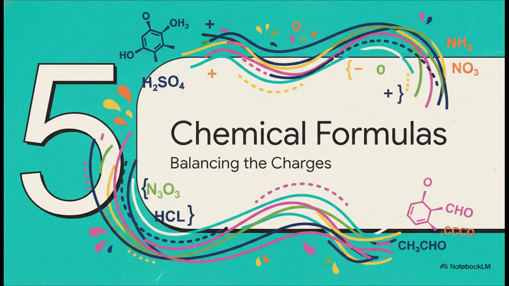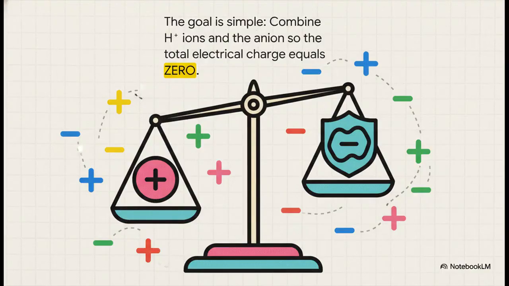Okay, so we can identify them, and now we can name them. There's really just one piece of the puzzle left. It's time to figure out how to write their chemical formulas, the unique signature for every single acid out there. And believe it or not, this all comes down to one golden rule. When you combine the positive H+ ions with the negative anion, the total charge of the final molecule has to be 0.